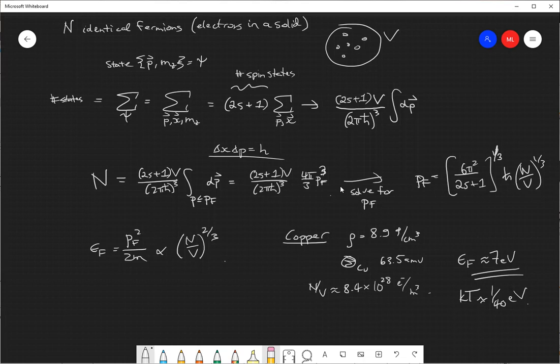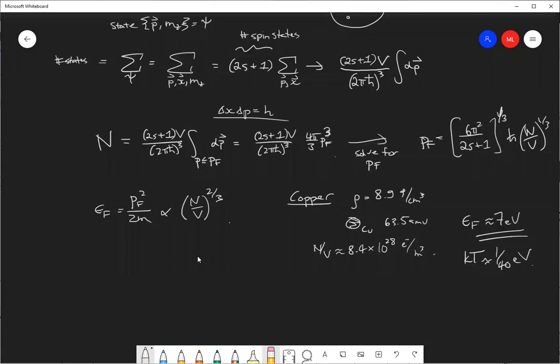So another interesting thing we can look at is the total energy. This is just the energy of the outermost occupied states, but of course, you can also calculate the total energy, which is just integrating up all those momenta.